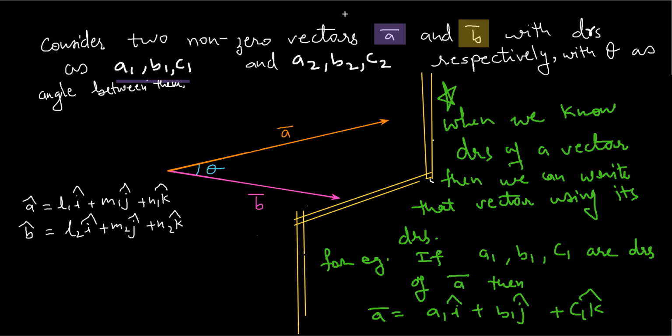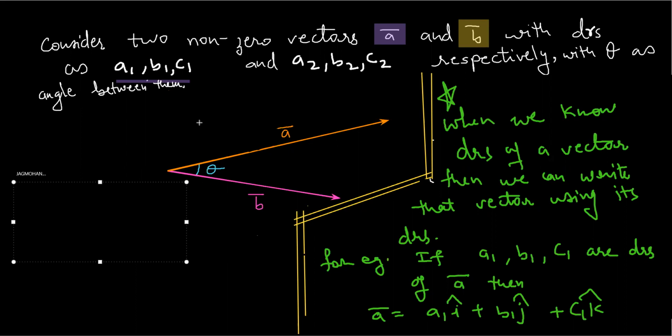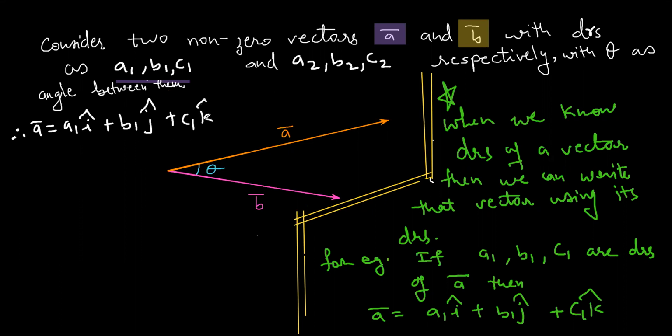Now, as I told you, if you know the DRS of a vector, you can directly write that vector. Therefore, A bar equals A1 I cap plus B1 J cap plus C1 K cap, and B bar is A2 I cap plus B2 J cap plus C2 K cap.